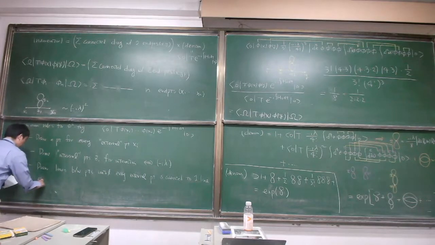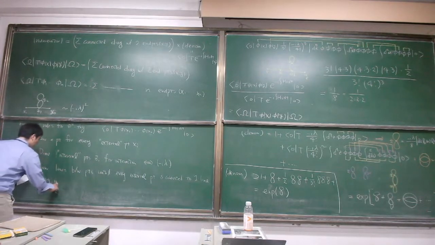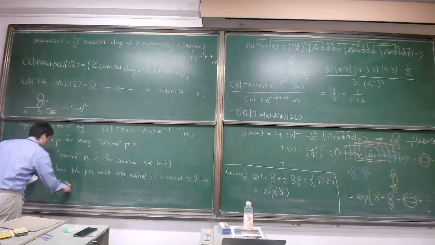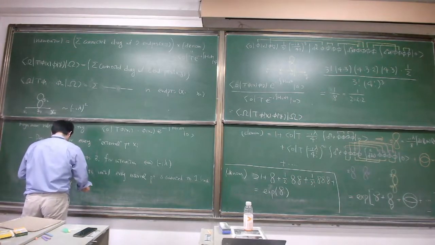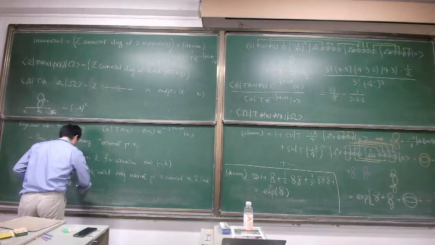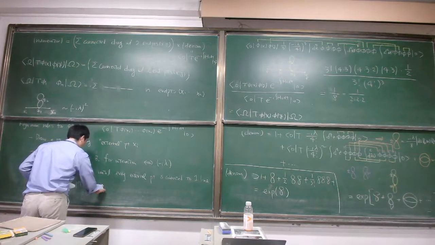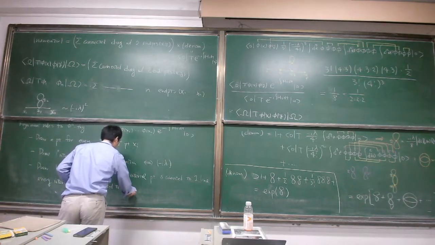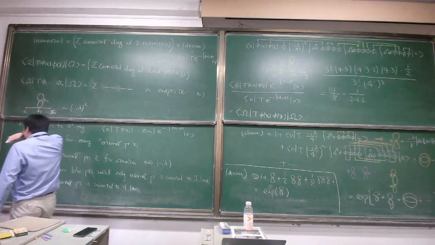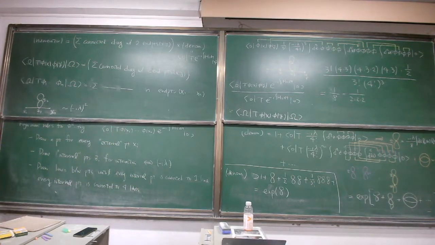Every external point is connected to only one line, but an internal point should be connected to four lines.